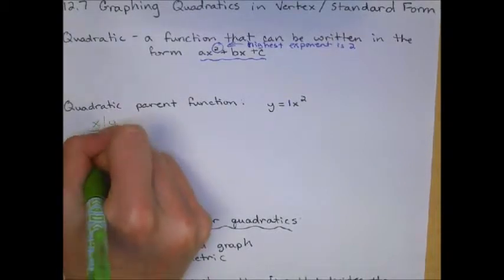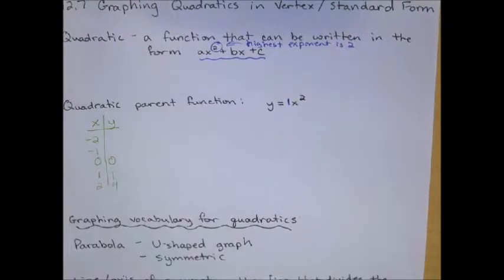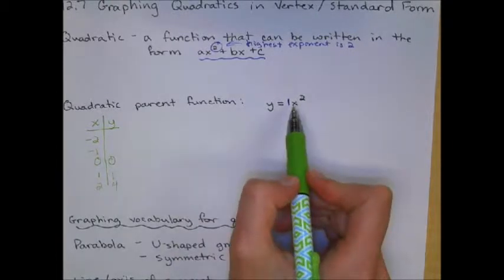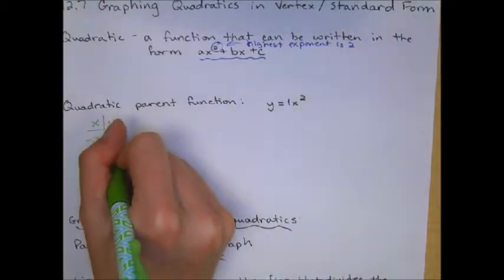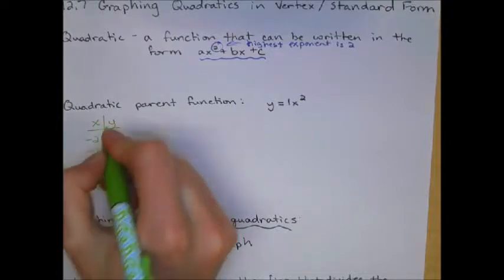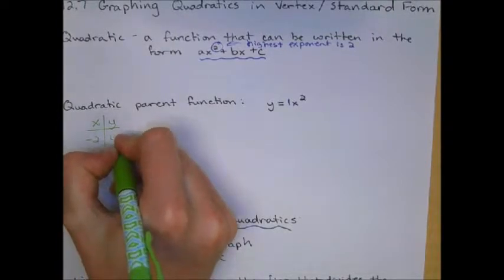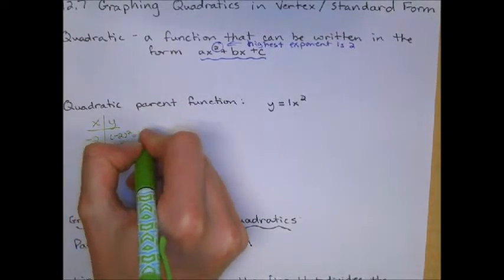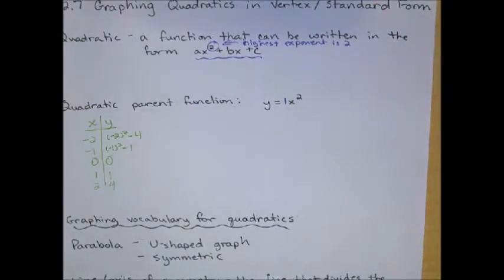Let's plug in -1 and -2 as well. -1 squared is +1. Remember, when I plug that in, the negative gets squared to become a positive. -2 squared is 4.